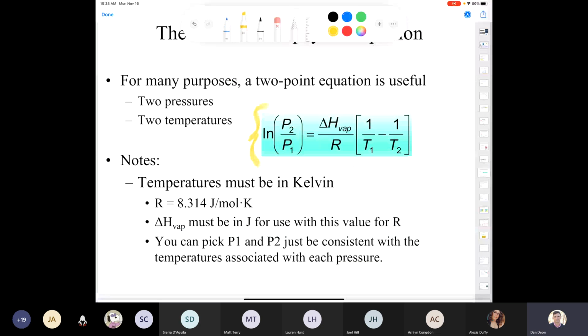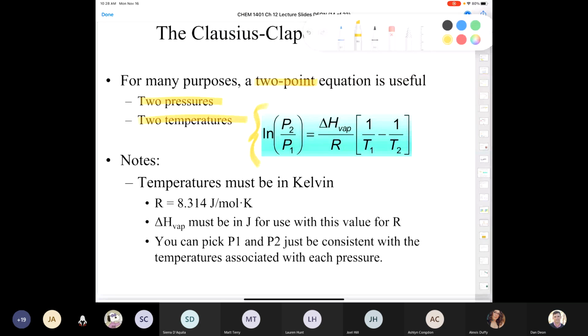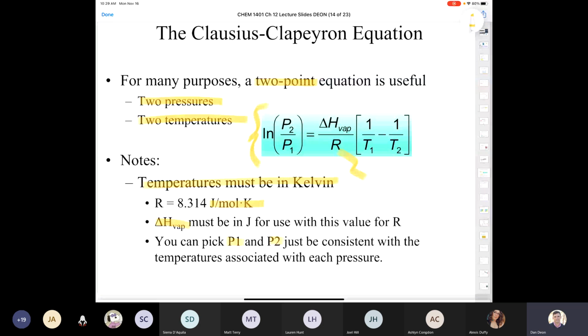If I do a 2-point version of that equation, which is useful for when I have 2 pressures and 2 temperatures, I get this equation that's called the Clausius-Clapeyron equation. Notice that since my R is in joules per mole Kelvin, my temperatures have to be in Kelvin. And then my delta H of vaporization is going to end up being in joules. You can pick P1 and P2, but just be consistent with the temperatures associated with each pressure.